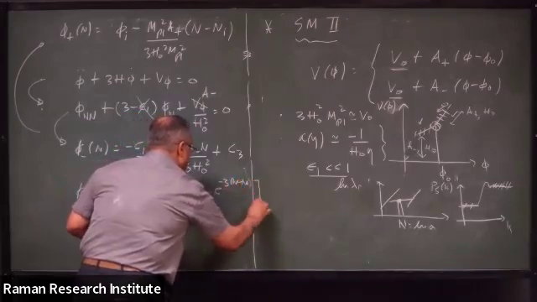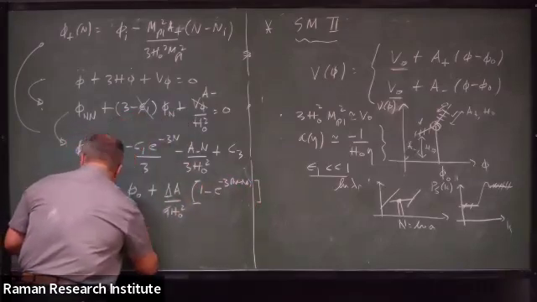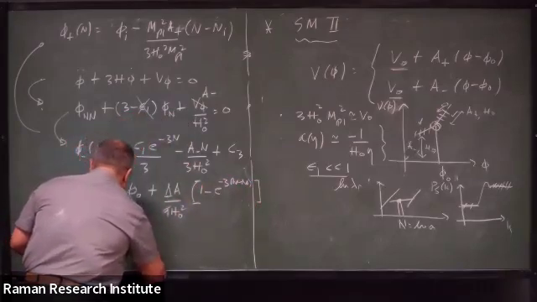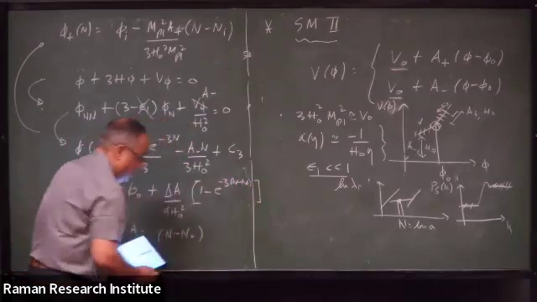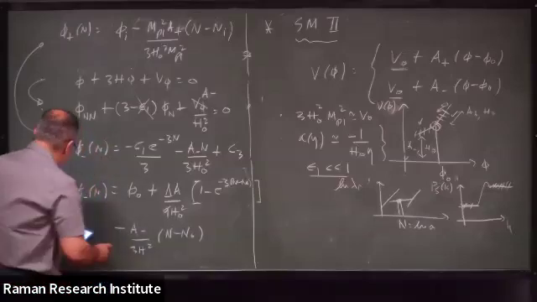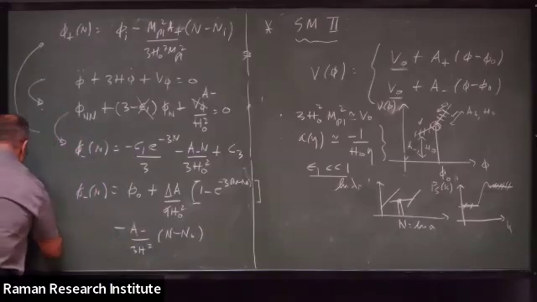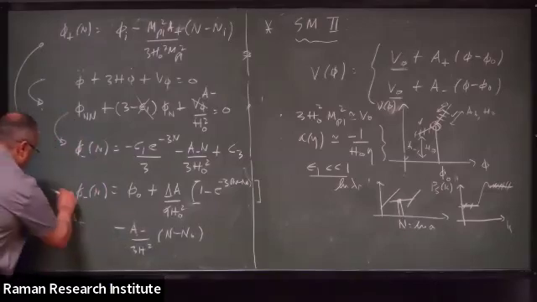I will explain what n naught is. Minus delta A divided by 3H naught squared (n minus n naught). As you may have guessed, delta A is either A plus minus A minus, or A minus minus A plus, right?